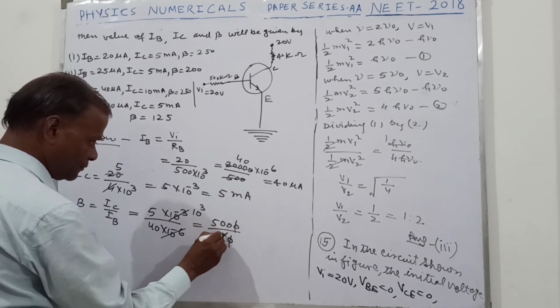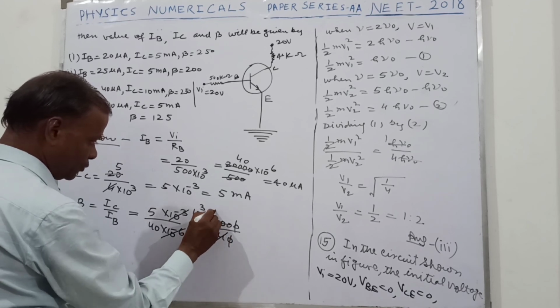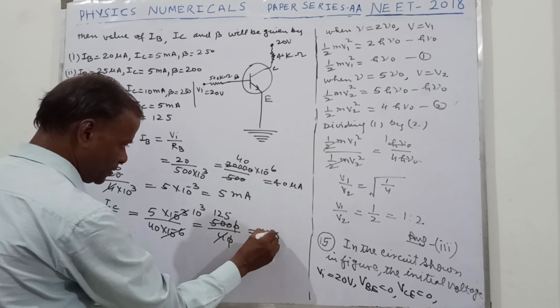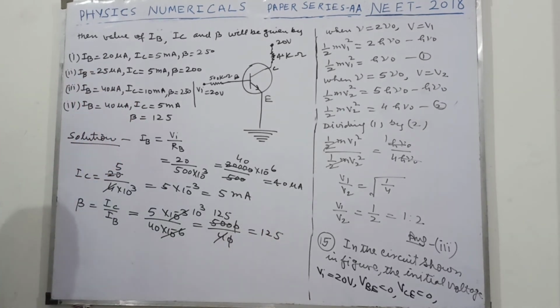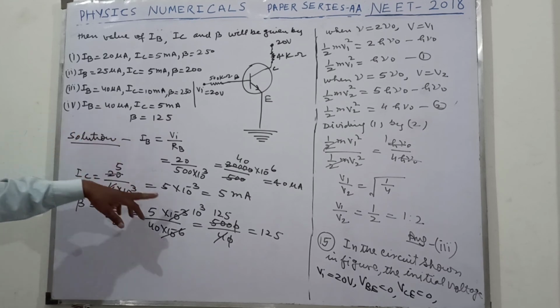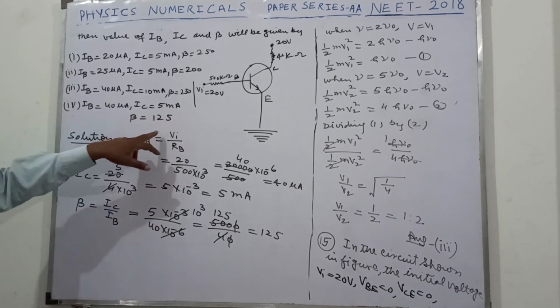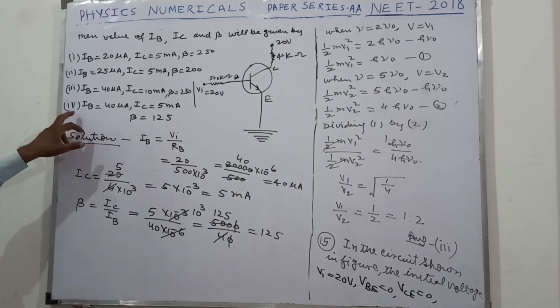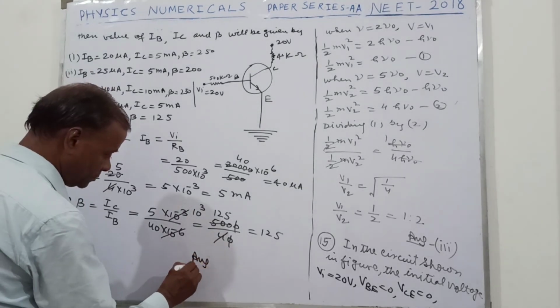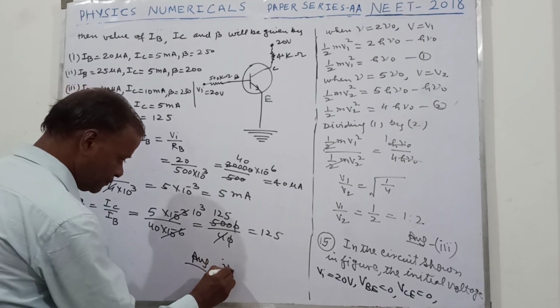So this is 125. So IB is 40 microampere, IC is 5 milliampere, and beta is 125. So the fourth option is right. Our option is 4.